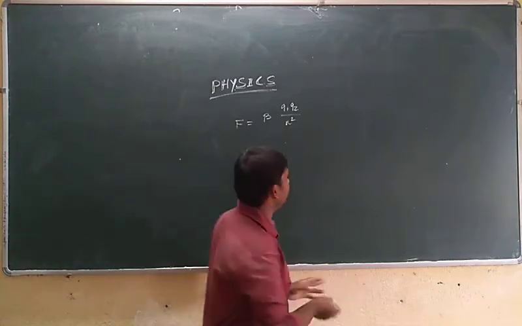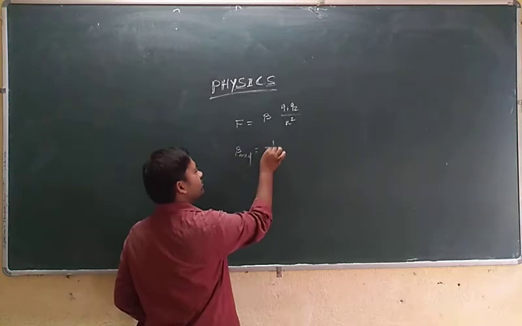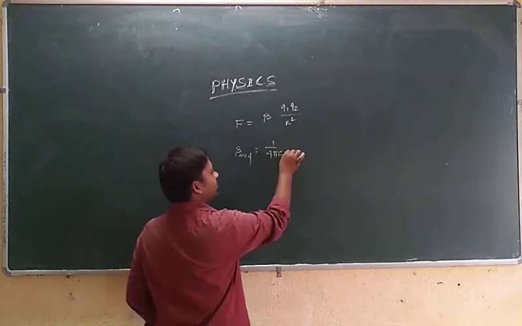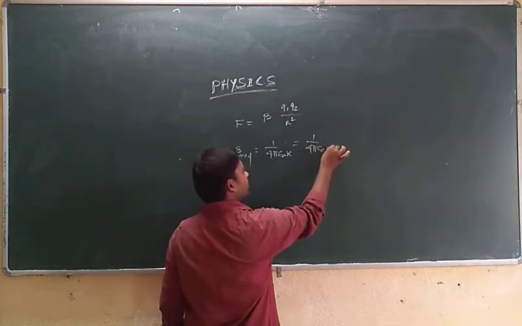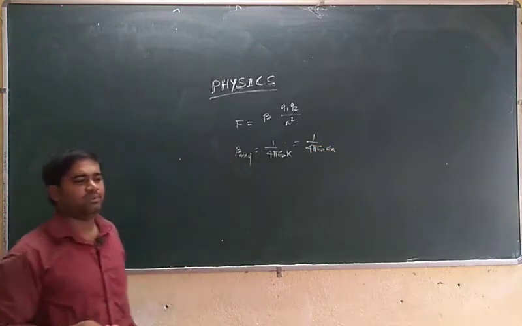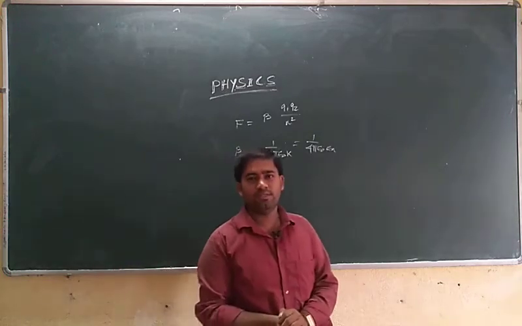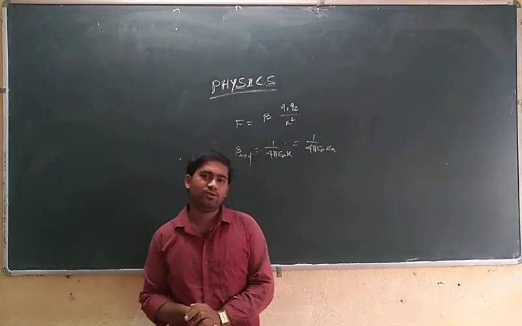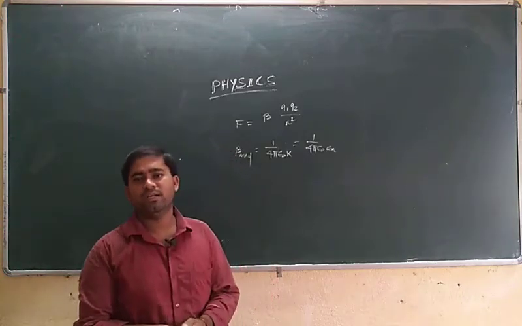In the medium case, beta will be 1 by 4 pi epsilon naught k, or simply 1 by 4 pi epsilon naught epsilon r. Epsilon naught is the absolute permittivity, epsilon r is the relative permittivity of the medium, and k is simply the dielectric constant.